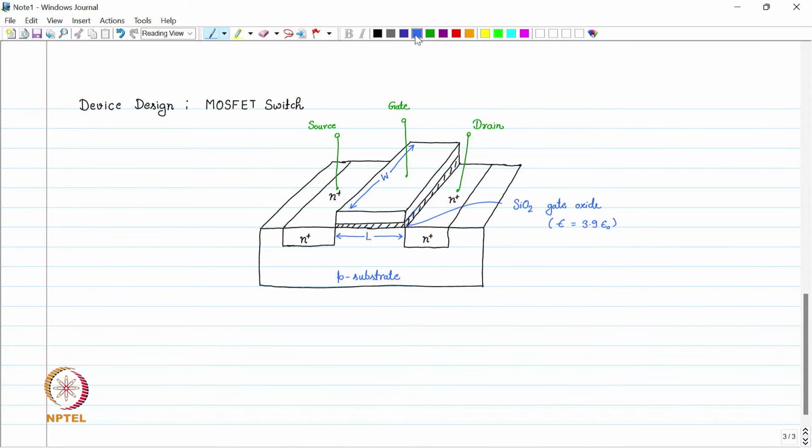So this structure is typically fabricated by various processing steps.